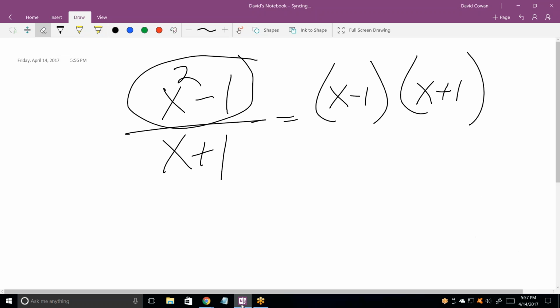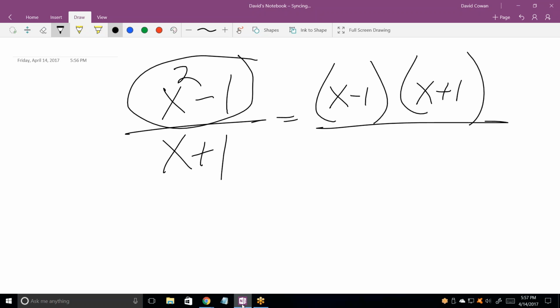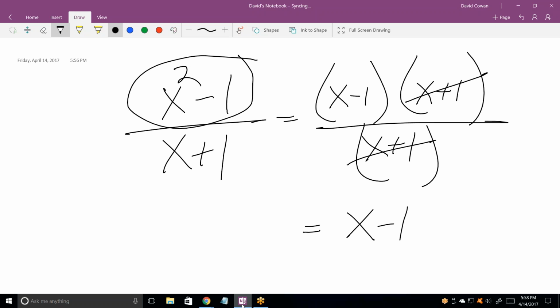And since I'm able to factor it like that, and now they want us to divide it by x plus 1, well, I can cancel that with that. My answer is x minus 1. Okay? So I'm not necessarily doing division.